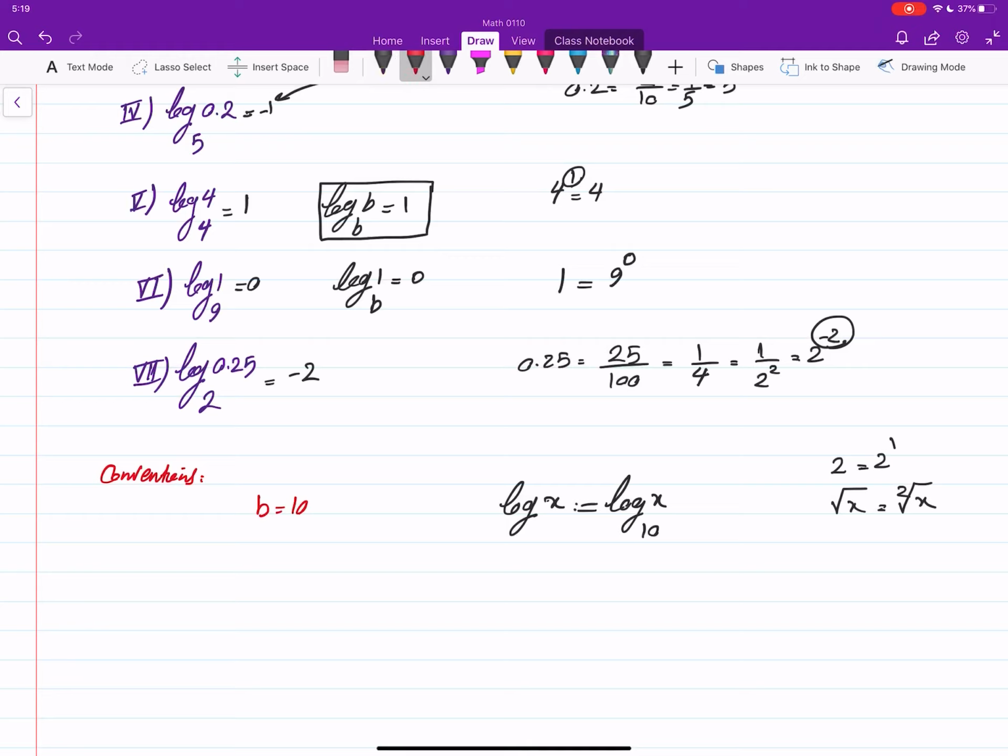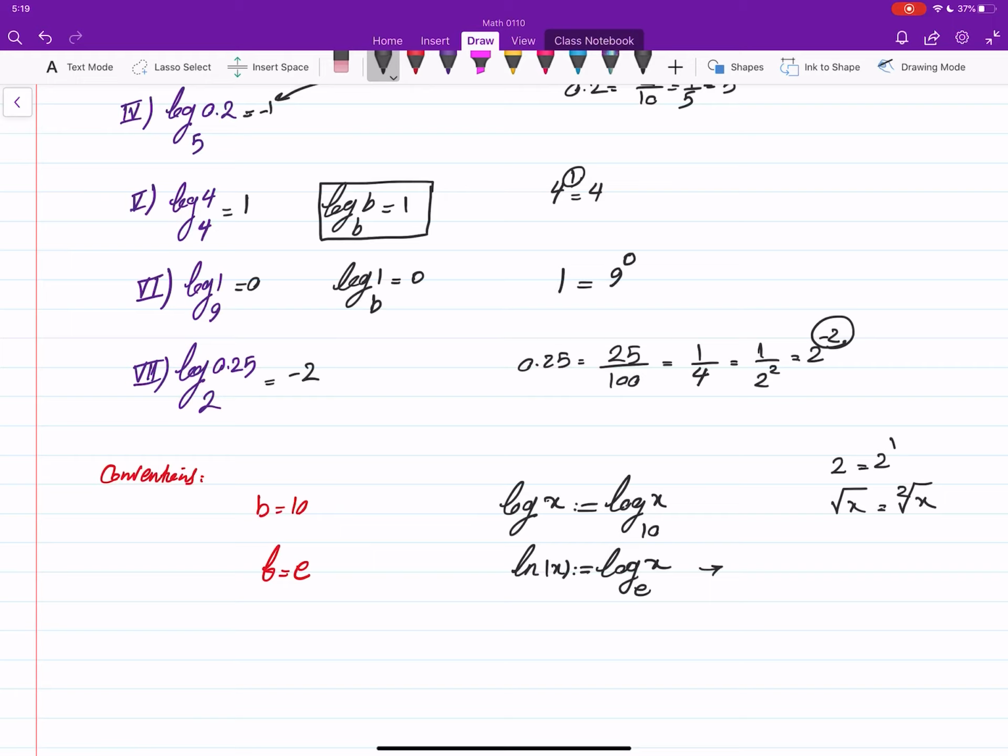And the other one is when b is e, Euler's number. Then the log base e is a special function, and we have a different notation for that, ln of x.